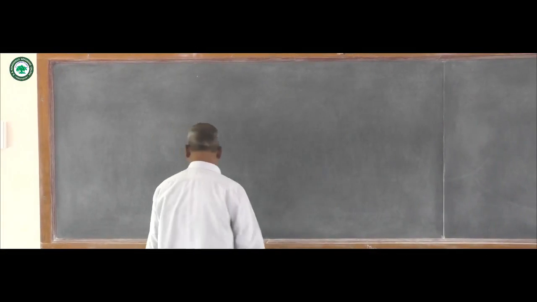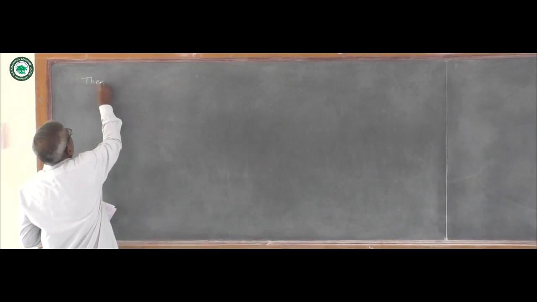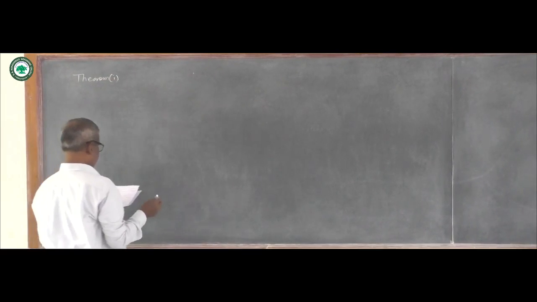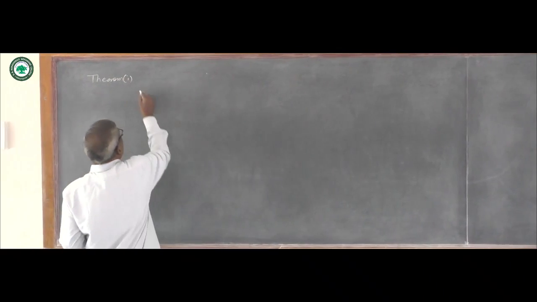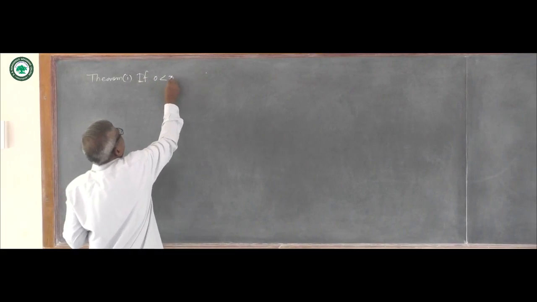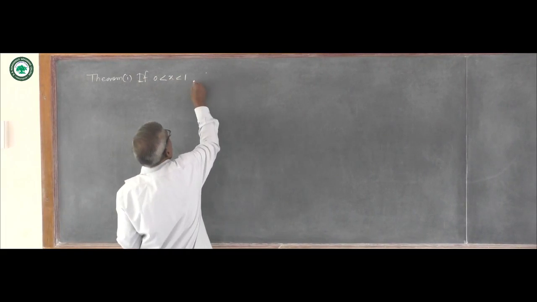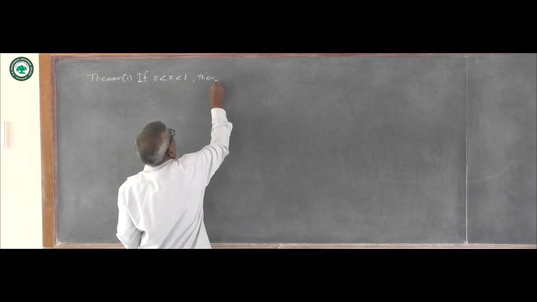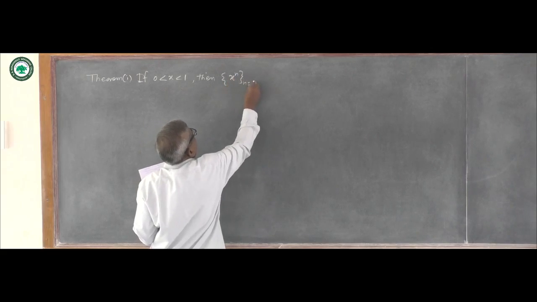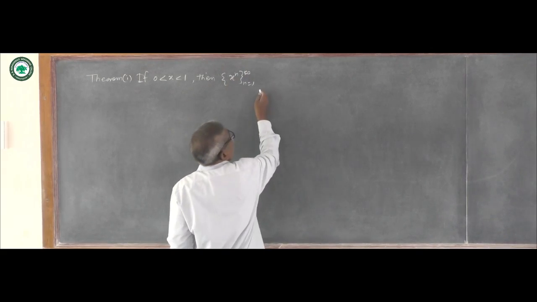Theorem number 3. First, if 0 is less than x is less than 1, then the sequence x raised to n, n equal to 1 to infinity, converges to 0.